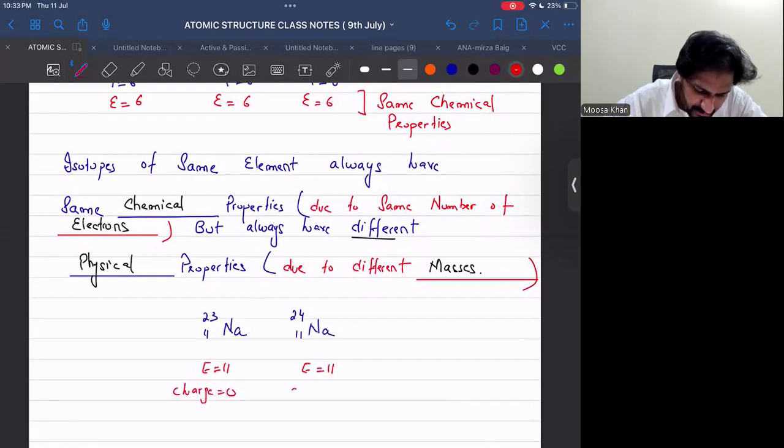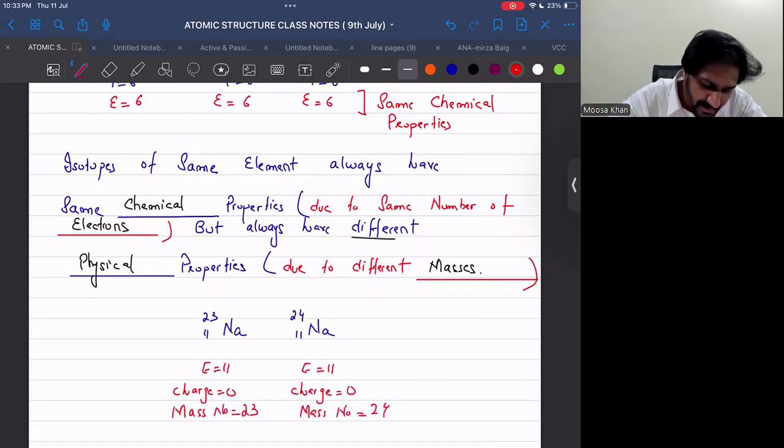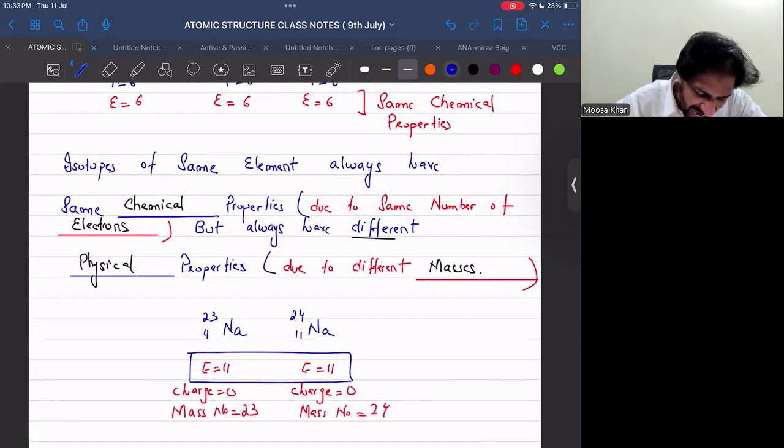Charge is 0 on both because both are in atomic form. But the mass number on one atom is 23, and the nucleon number on the other isotope is 24.